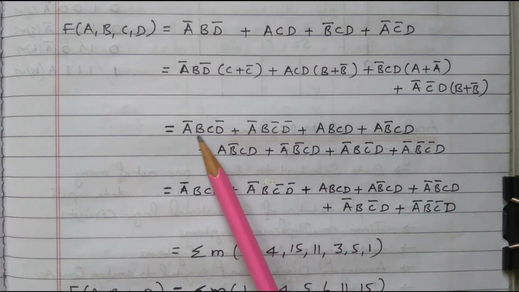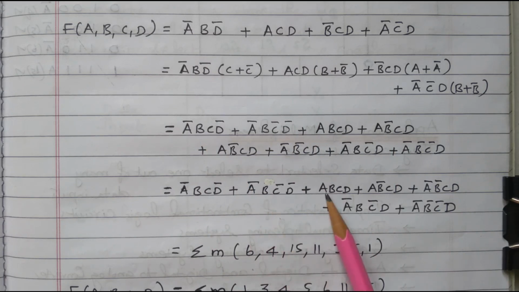So in this a bar b bar c d is written, a b bar c d, a b c d, a bar b bar c, a bar b bar c d, right? So a b bar c d is available 2 times. This is available 2 times, so it is written only 1 time. A bar b bar c d, a b c bar d, a bar b c bar d, a bar b bar c bar d, right?